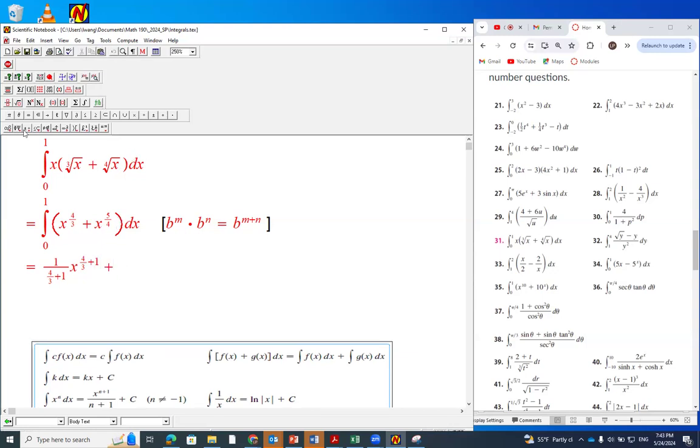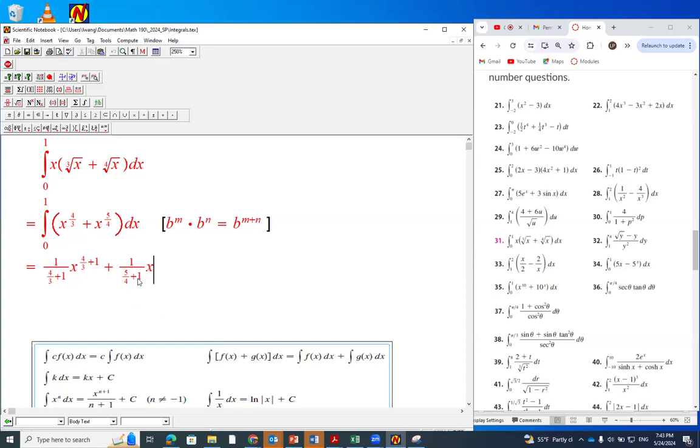Plus, okay, the second one, apply power rule. So that's going to be 5/4 plus 1. Okay, so I'm applying the power rule and dropping the constant. Okay, when power is not -1, and that's our case.